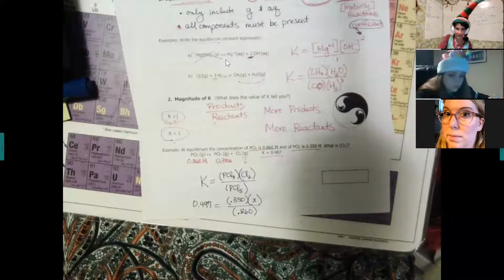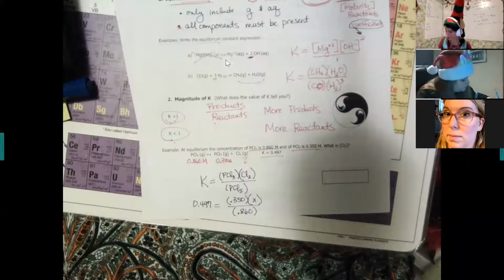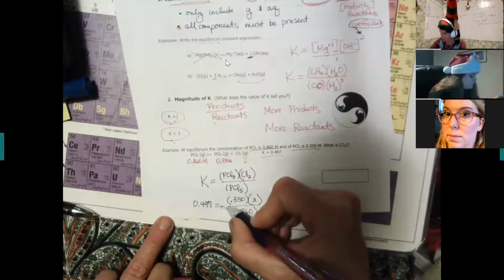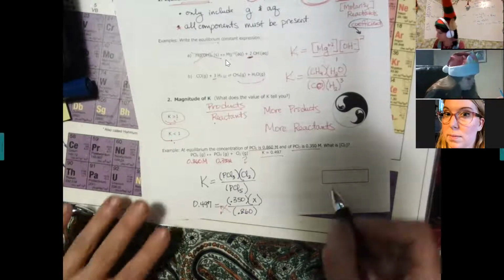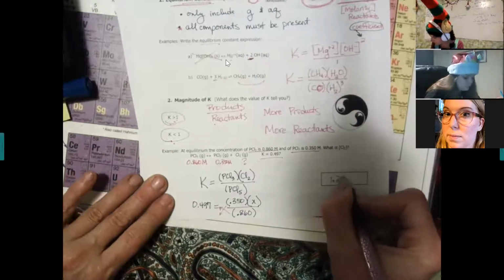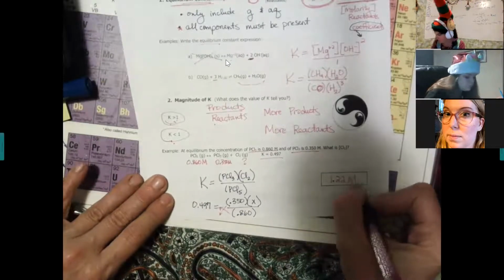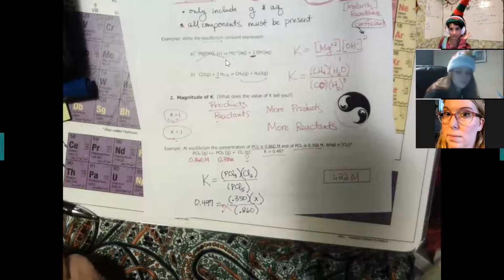This is where you're going to cross multiply: multiply by that, divide by that. We'll get a number. We didn't have to square or do anything. All right, so 1.22, and the unit would be just capital M, molarity.